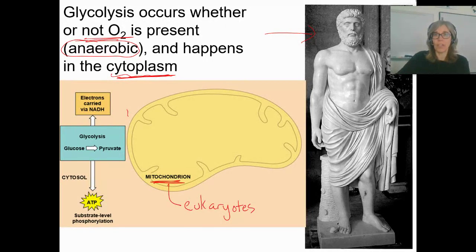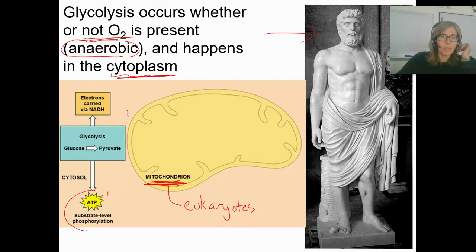Plants, animals, fungi, protists, but not in bacteria. And so if I say everybody does glycolysis, maybe that will help you remember that it happens in the cytoplasm. Now, there are plenty of bacteria that do aerobic cellular respiration without a mitochondrion, but they just do it on their cell membranes. So anyway, glycolysis happens in the cytoplasm, and I want you to have that memorized.